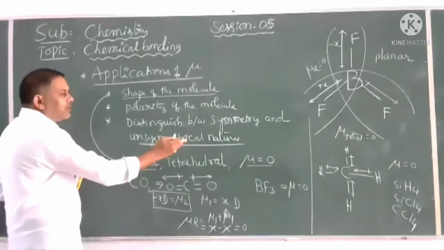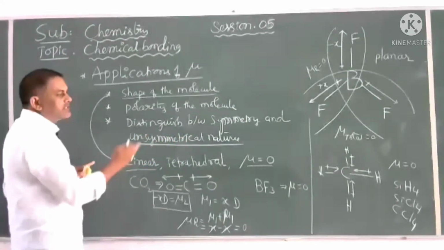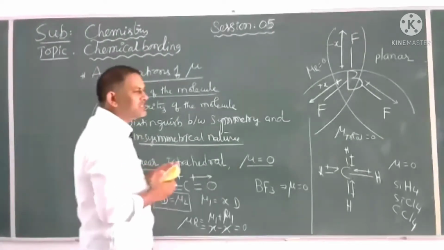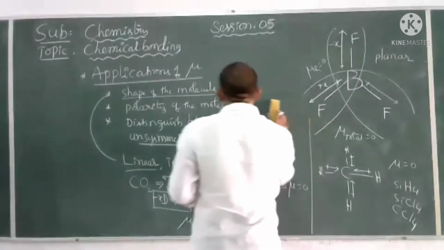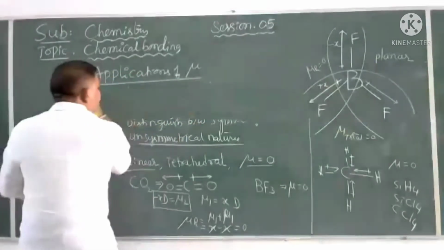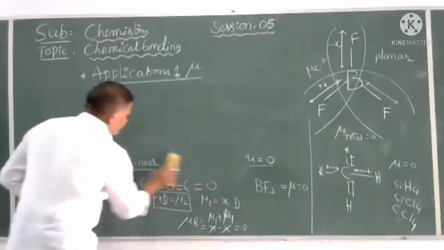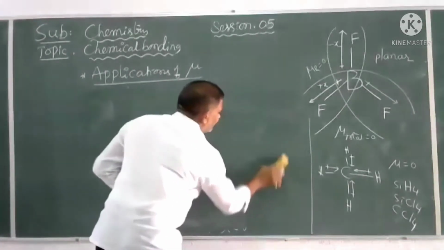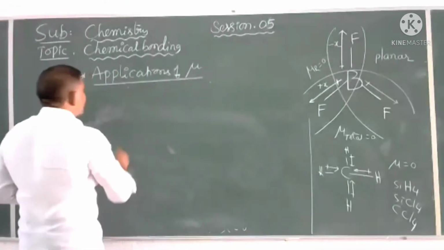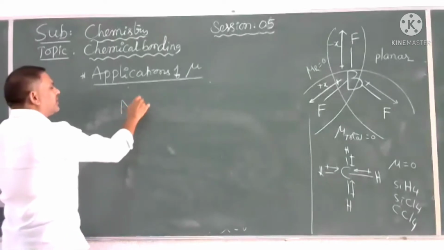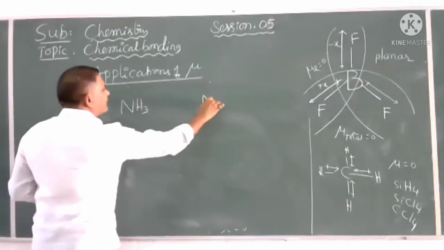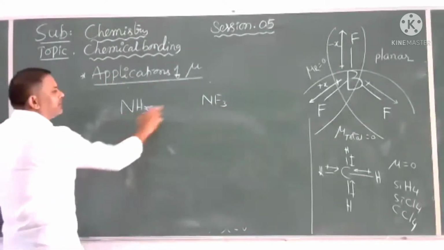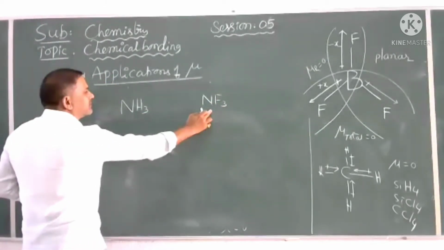And also based on the number of lone pairs, the dipole moment also changes. I'll give a simple, important example to you. That is your NH3 and NF3, ammonia and nitrogen trifluoride.